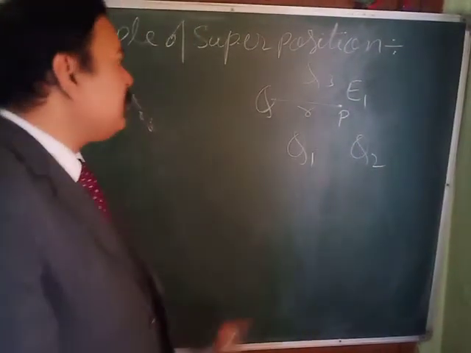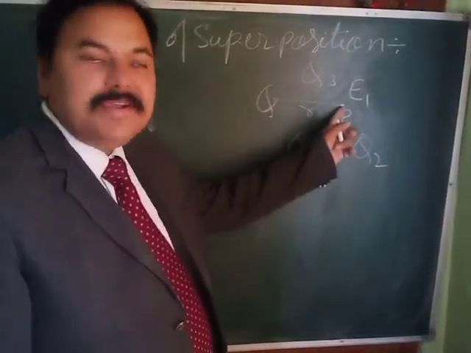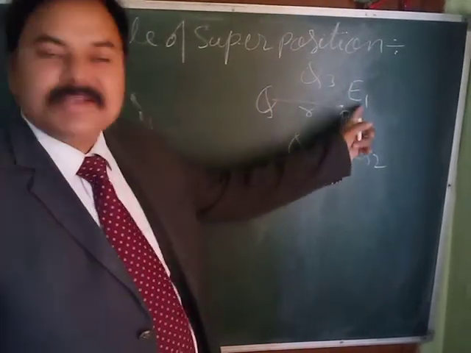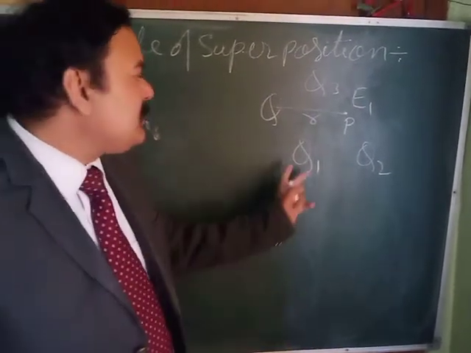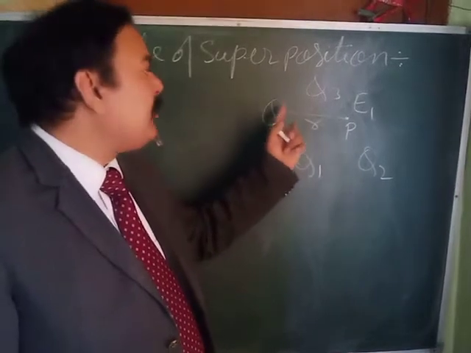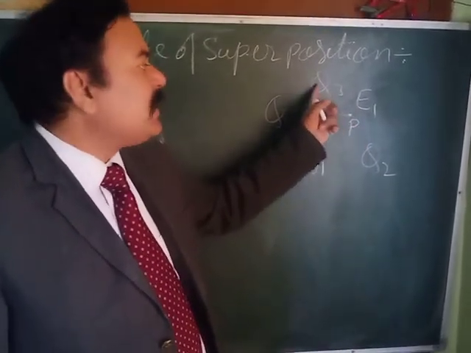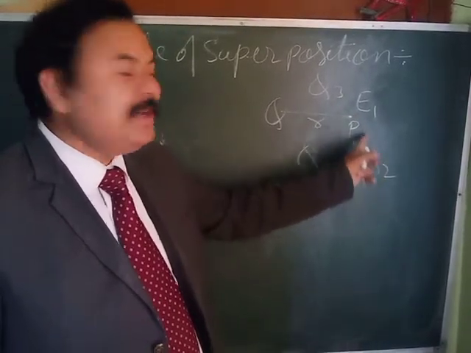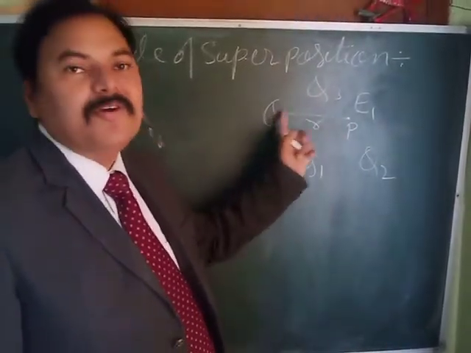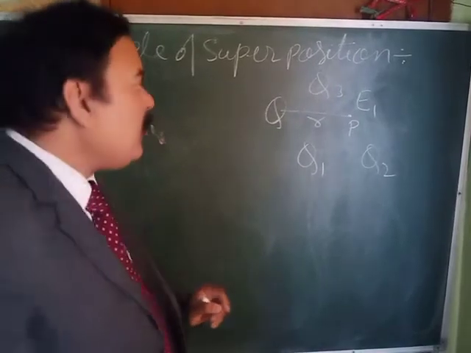Then also at this point the electric field due to this charge will remain the same, it will not get changed. That means these charges are not going to affect its electric field intensity at this point. Obviously they will have their own electric fields at this point, but they will not affect the electric field of this charge.